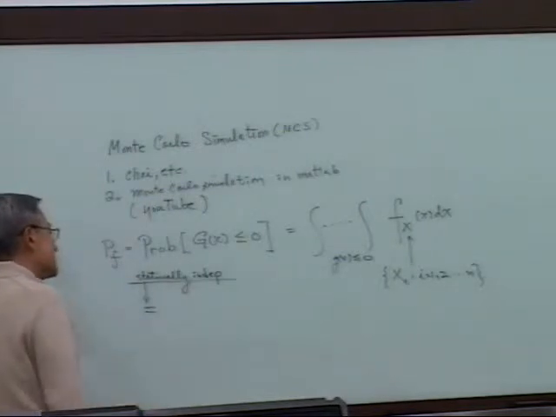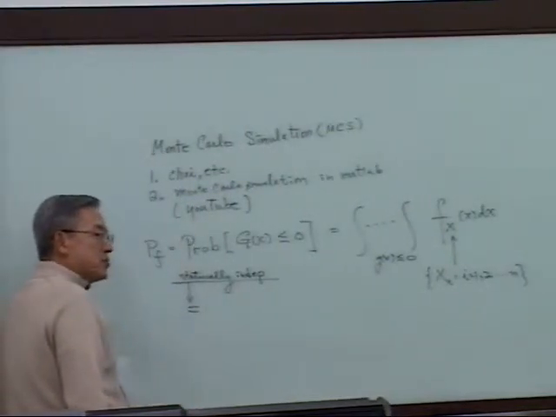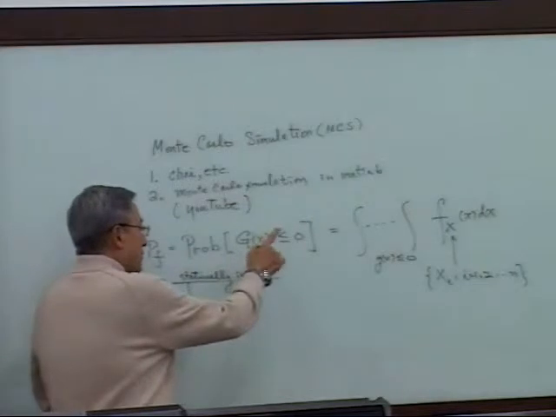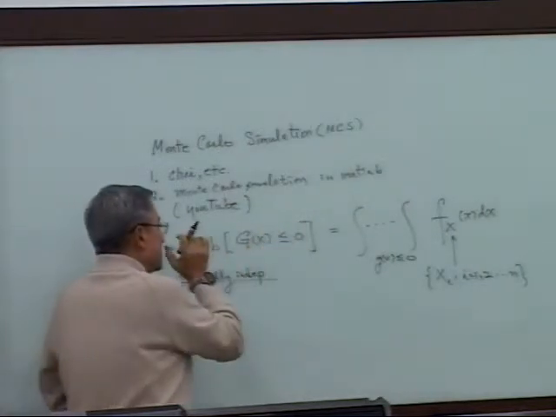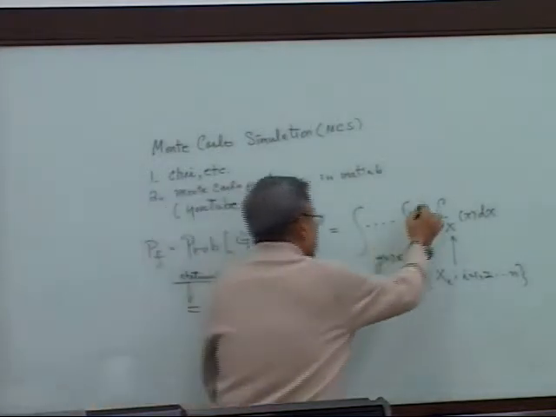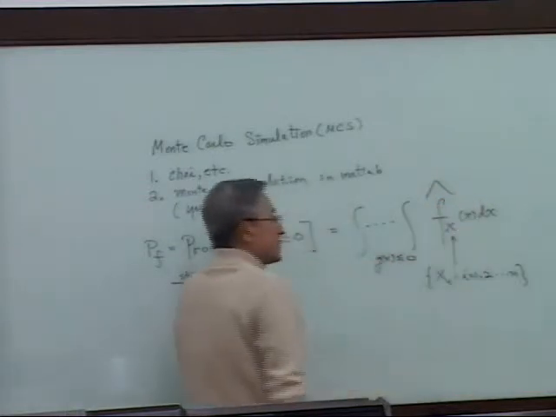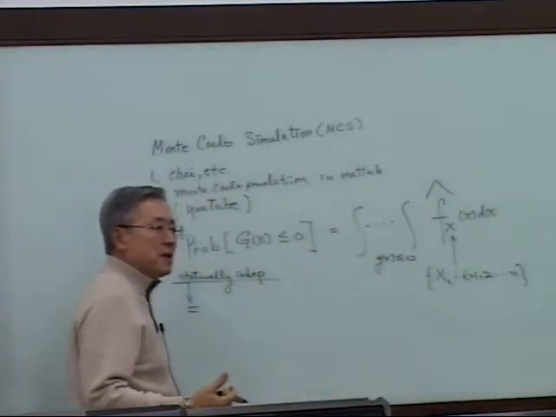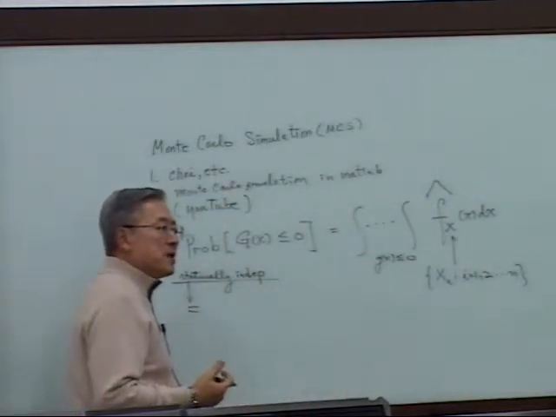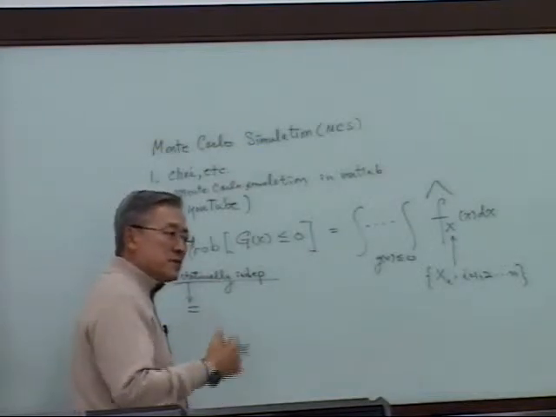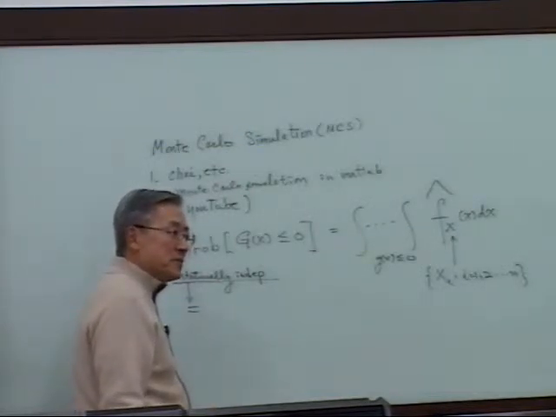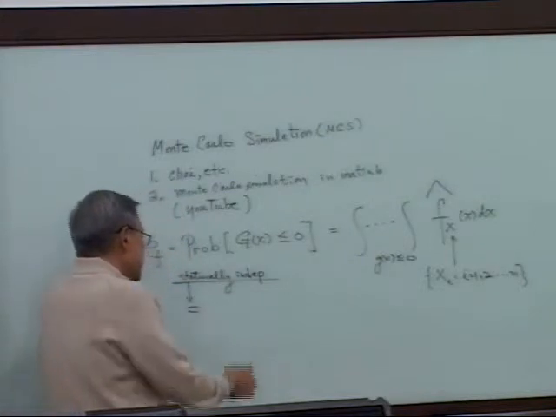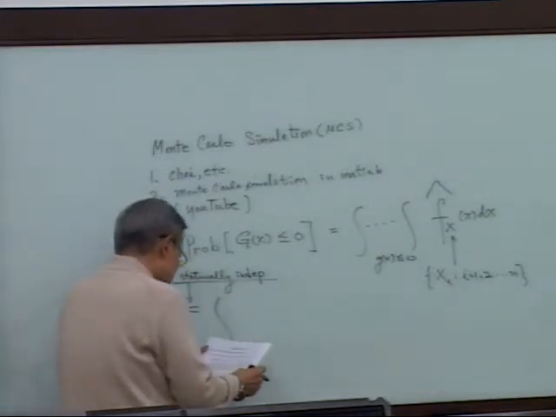Anyway, here, with statistically independent random variables, then for all this equation set, you can simply multiply the probability density function of each random variable. That's where the simplicity comes into the picture.